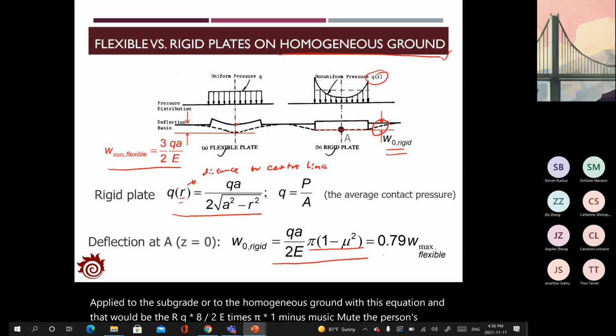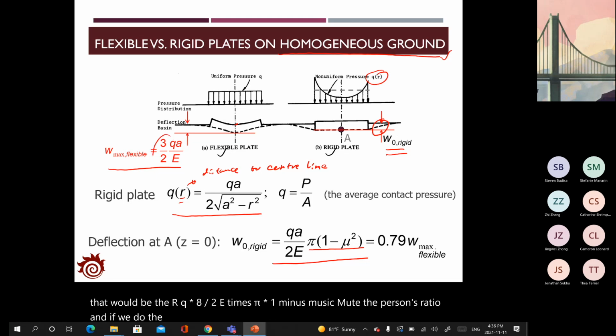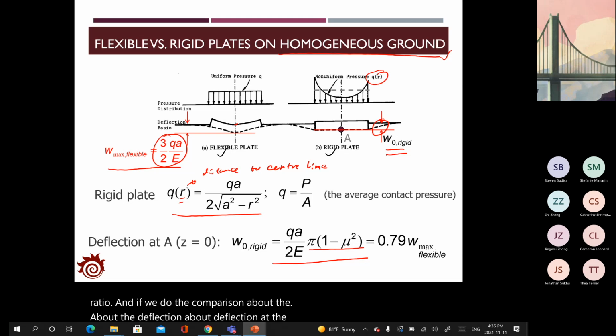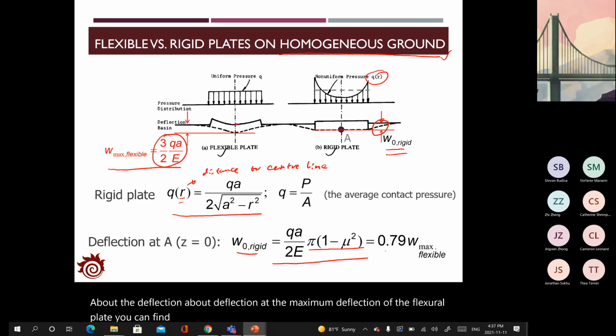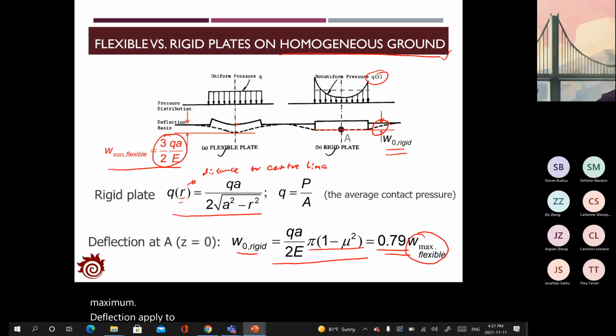And if we do the comparison of the maximum deflection of the flexible plate, you can find that for the rigid plate, the value is just about 0.79 of the maximum deflection applied to the flexible plate.